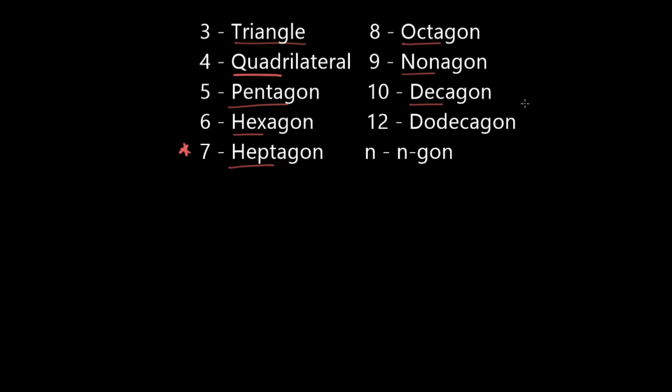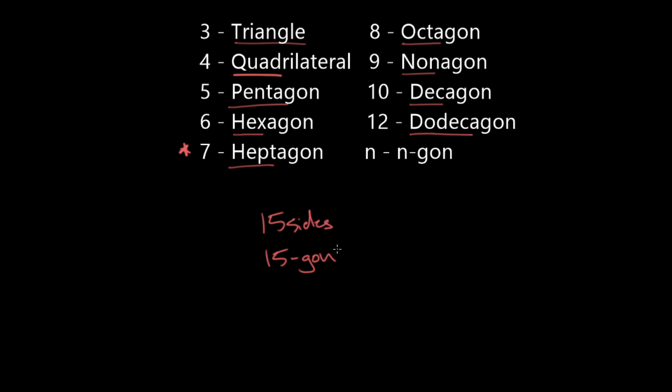We don't name 11 because we don't like 11. And then dodeca, so do 2, deca 10, so 12 sides. And anything past that would be what we call an n-gon. What I mean by that is if a polygon has n sides, let's say it has 15 sides, we refer to that by just calling it a 15-gon.